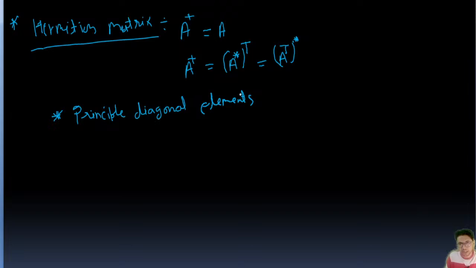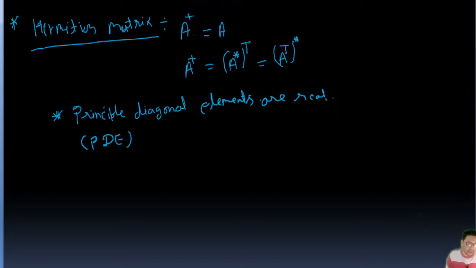So for a Hermitian matrix, the principal diagonal elements will always be real. We also say PDE, which denotes principal diagonal elements.